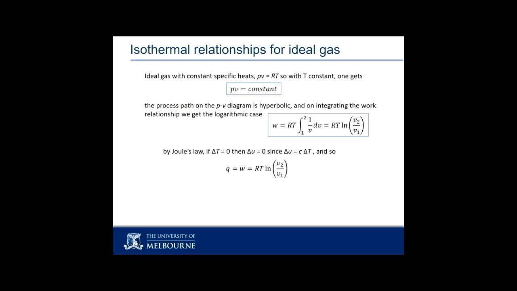Okay. This is nice because what I now have is a statement for heat transfer and a statement for work in terms of properties. I've said it was an ideal gas, and at the moment that I said it's ideal gas isothermal, I have an analytical answer for my heat transfer and my work done. That's neat.